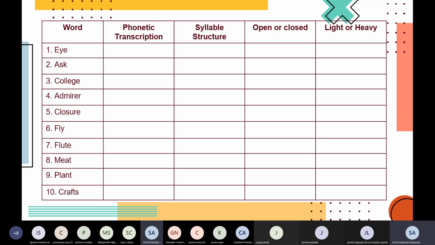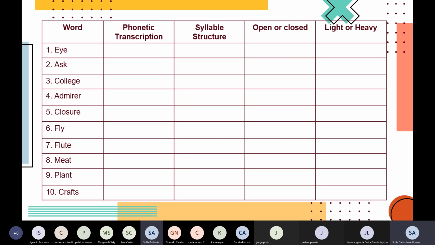Then I will ask you to find the syllable structure, whether it's composed of a consonant, vowel, consonant or a vowel, consonant, you know. Then I will ask you to tell me if it is open or closed and if it is light or heavy. Okay, do you want to have a little review again about the open and closed and light and heavy?